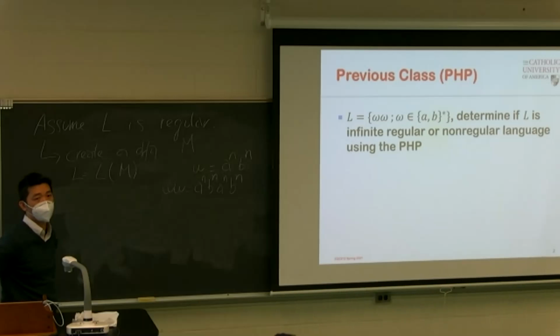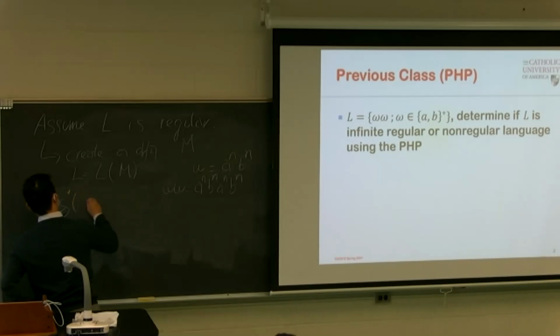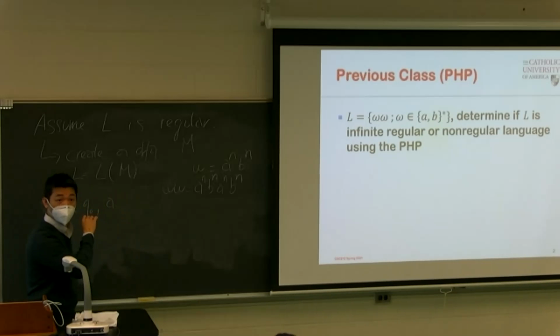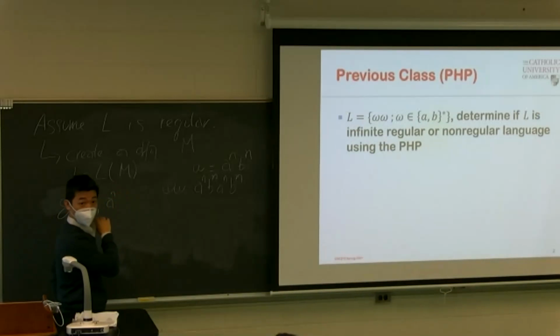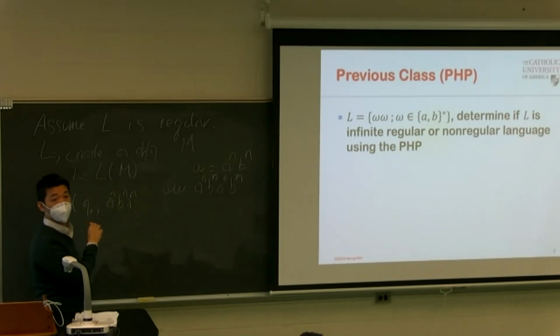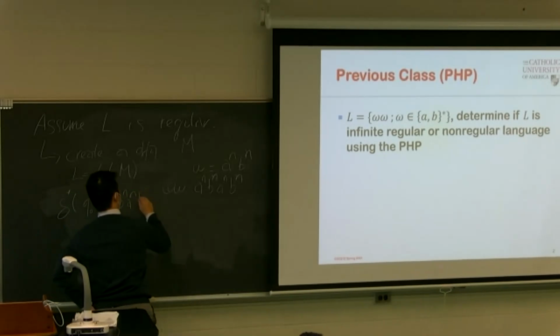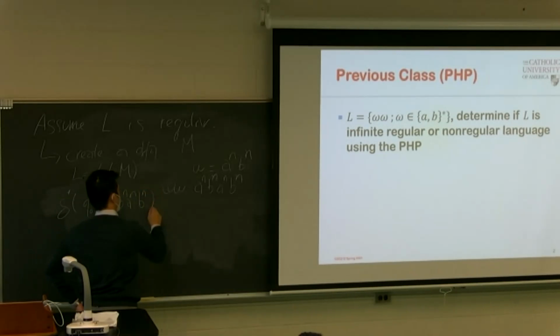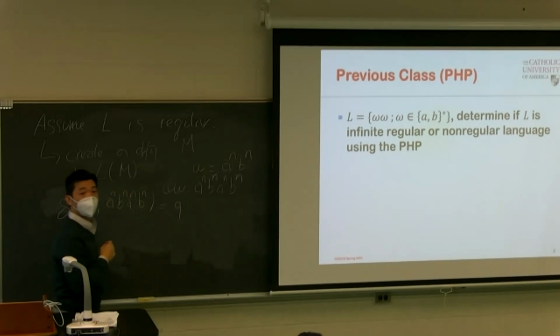You write delta star of Q naught, A to the N, B to the N, equal to QI, some Q. Okay, now what?